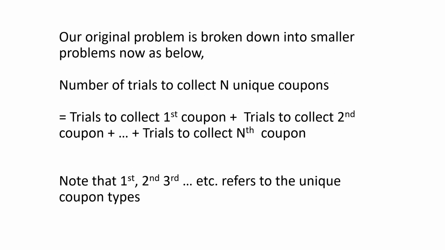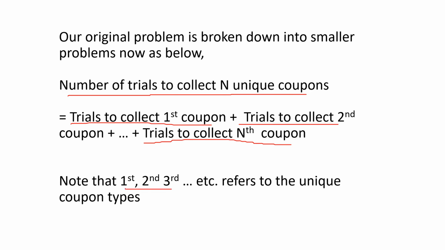So now our original problem is broken down into subproblems. The number of trials needed to collect n unique coupons is equal to the number of trials to collect the first unique coupon plus the number of trials to collect the second coupon, and so on till we collect the nth coupon. Note that first, second, third here refers to the unique coupon types.